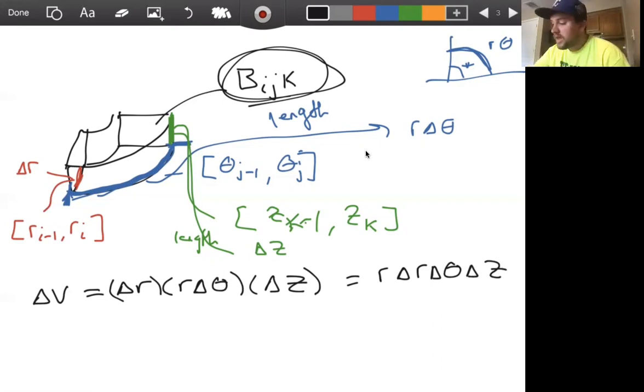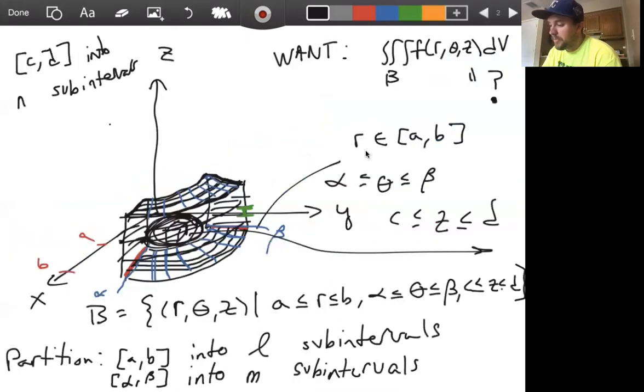And so next, we need a formula for approximate volume between, so remember, this is the function w equals f of r, theta, z. And so to understand what volume we're trying to calculate, we need to be able to picture a fourth spatial dimension, which we can't do, right?